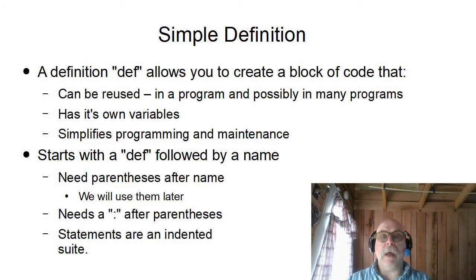And when we're done with the def, we unindent. So a def starts with the letters def space, the name of the definition, because we're extending the language and we have to give it a name. The same naming rules that apply to variables also apply here, followed by open and close parentheses, followed by a colon, and then the suite of code following that. Let's look at some examples.